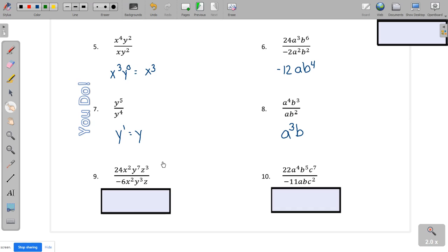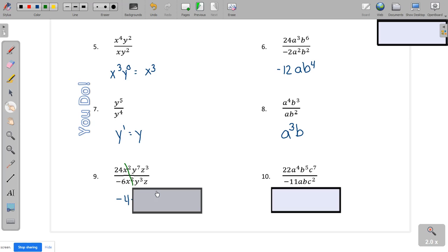Okay, let's step it up a notch. Divide your coefficients. 24 divided by negative 6 gives you negative 4. Then your x's, we have x squared and x squared. That gets canceled out. There are no more x's. Y to the 7th divided by y to the 3rd.